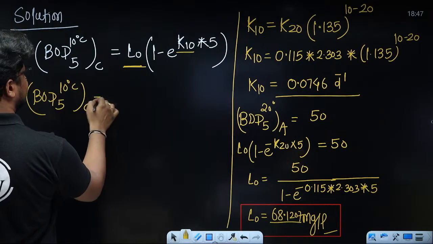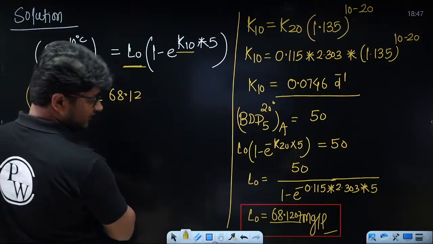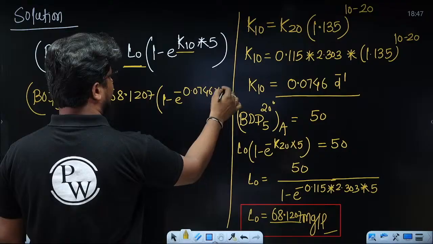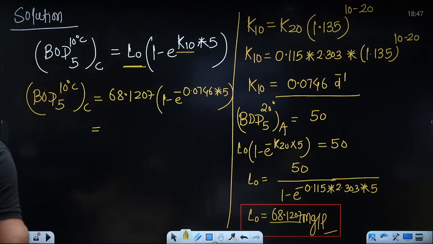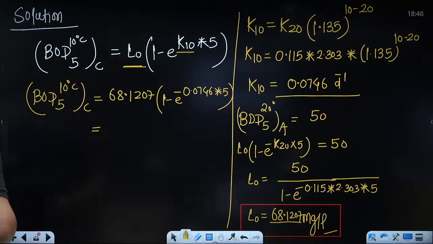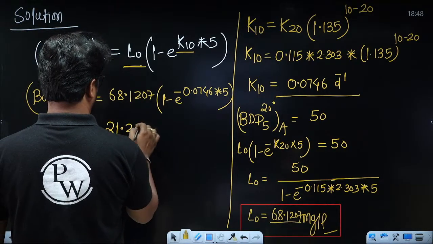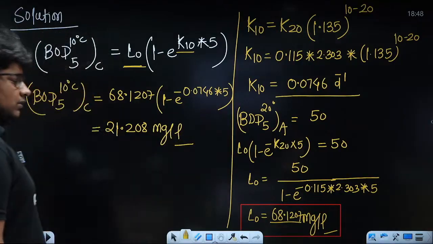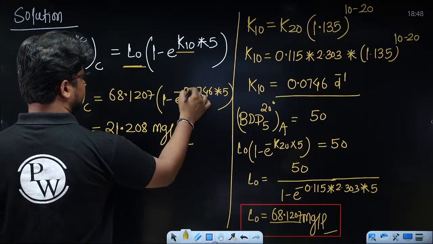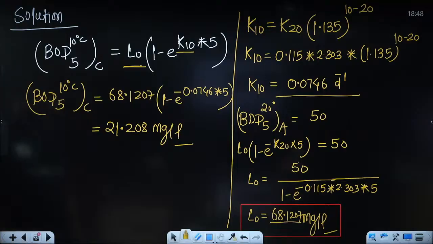So you wanted to find this. L0 is 68.1207, multiplied by 1 minus e to the power K value 0.0746 into 5, bracket closed. That gives 21.208.